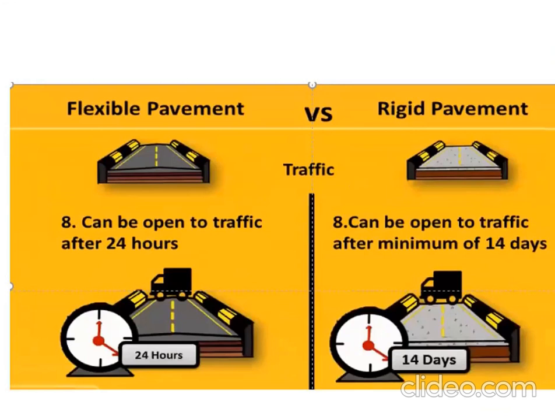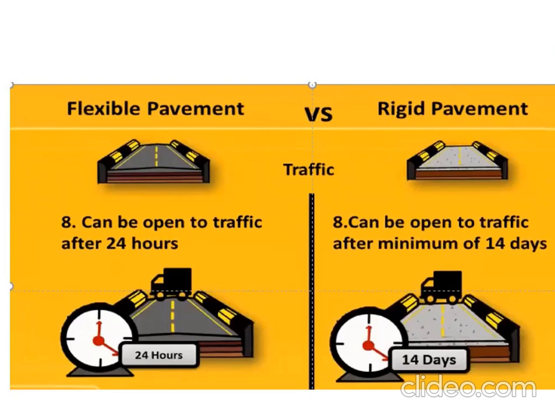In very hot weather, you may have laid asphalt concrete at around 70 or 80 degrees centigrade, and on the next day, if the temperature has not gone below 60 degrees centigrade, you cannot open the traffic even after 24 hours.